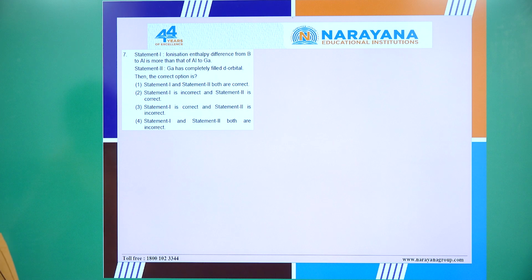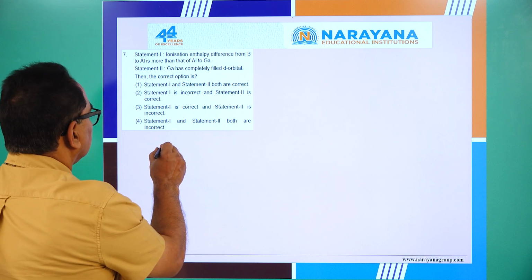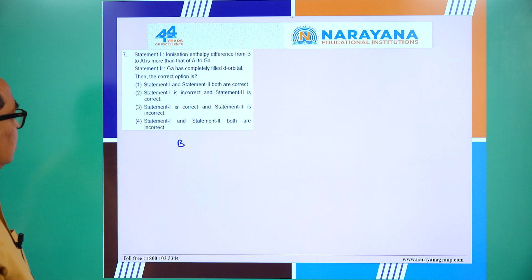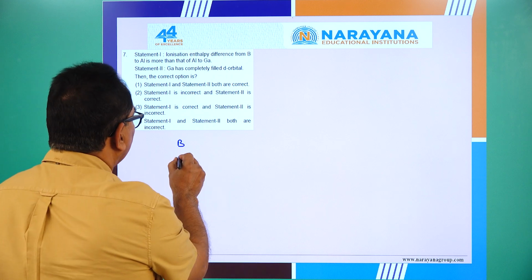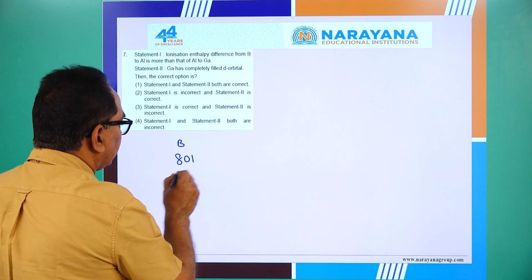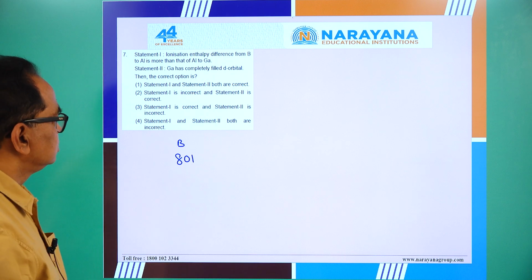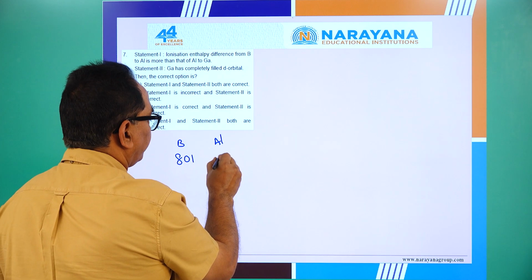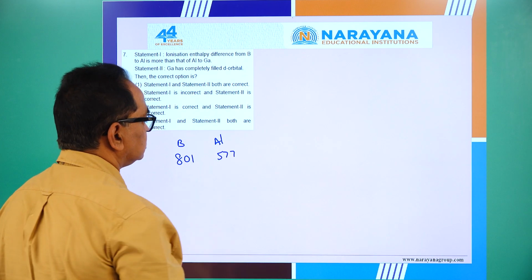Ionization enthalpy difference from boron to aluminum is more than that of aluminum to gallium. So this statement is correct. For example, if you go for data, for boron, ionization potential value is 801 kilojoules. For aluminum it is 577 kilojoules.